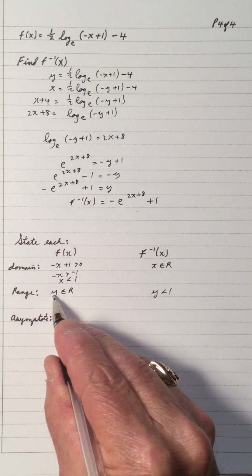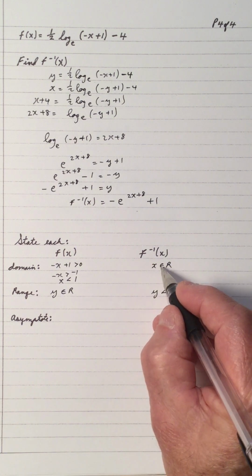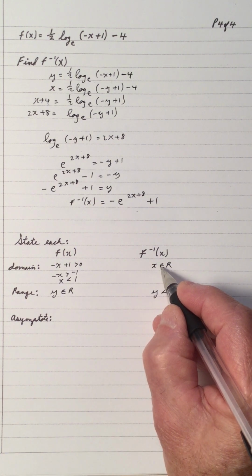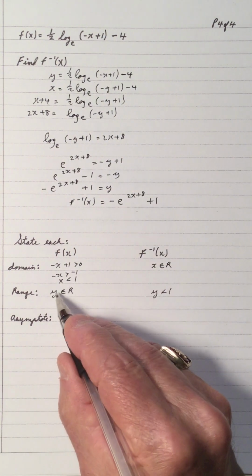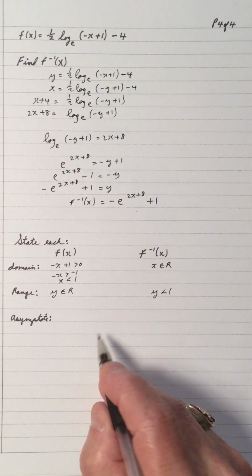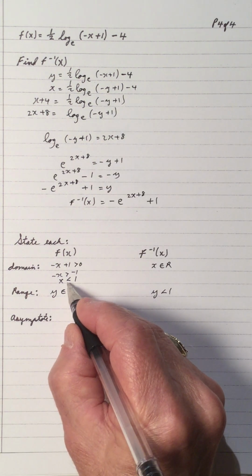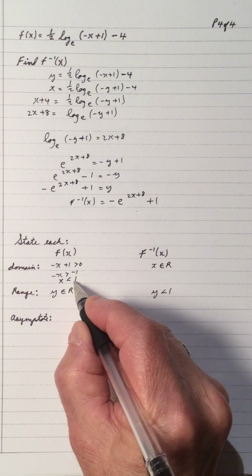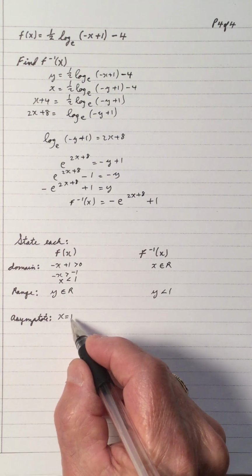Again, the range belongs to the reals here in this log, so in the exponential form, which is this form, they switch. So y is x, x is y. And the asymptote here, this is x is less than 1, so the asymptote is x equals 1.